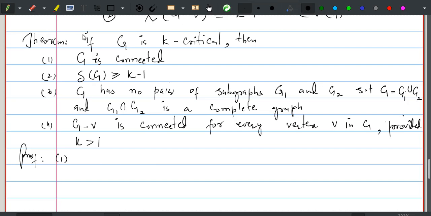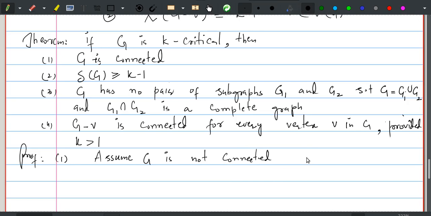Then it must have at least two components.